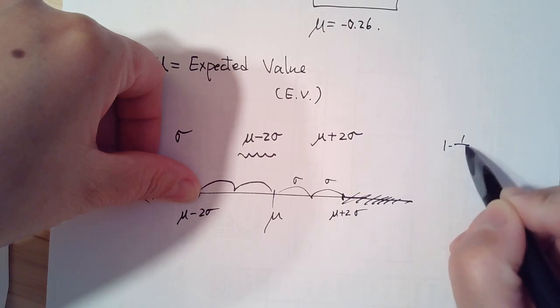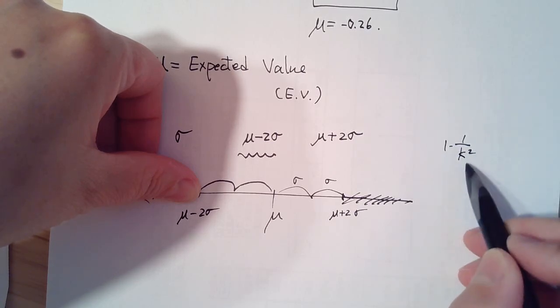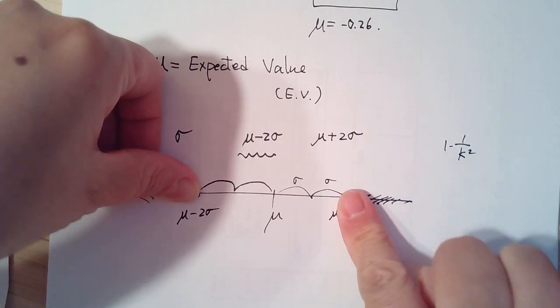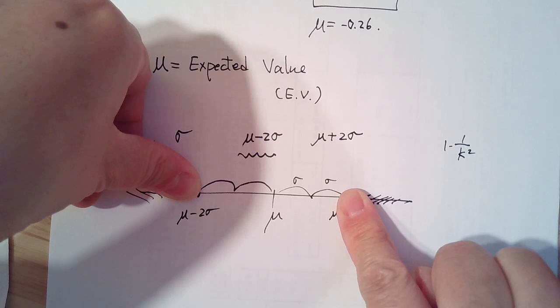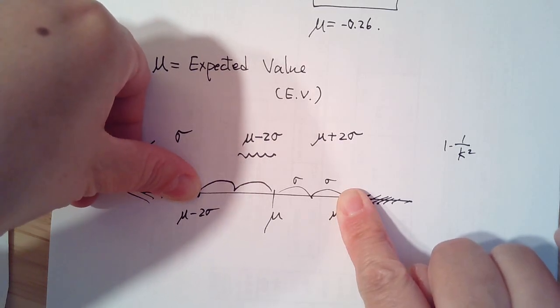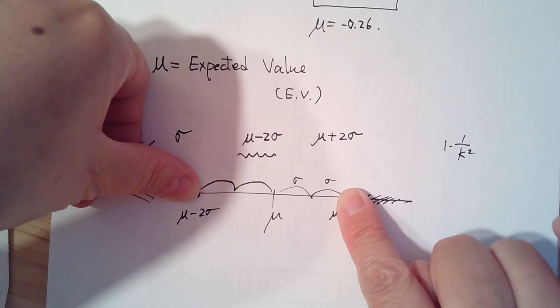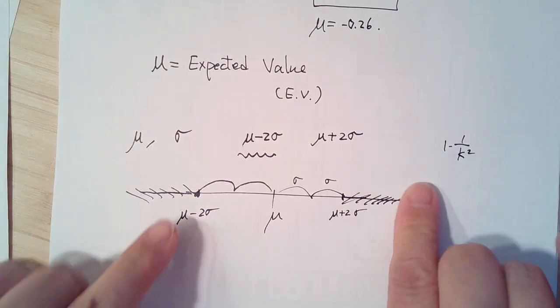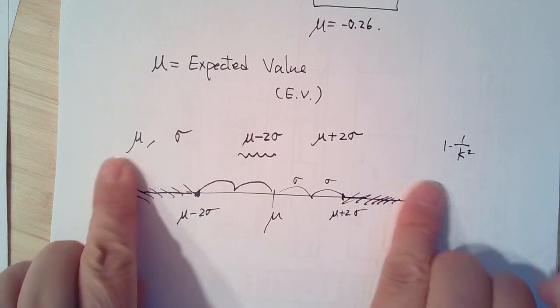When k equals 2, 2 squared is 4, and 1/4 is 25%, so 1 minus that. We have 75% of the data for any distribution. We have at least 75% of the data fall within 2 standard deviations. So based on this, we know that we shouldn't see many numbers outside these 2 standard deviations, right?